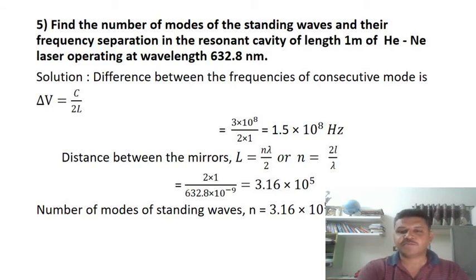Like that, here we are going to solve many different types of problems using Einstein's coefficient relations, and also mode proportion relations, and also attenuation problem relations, and also the energy difference between two energy levels using the relations.